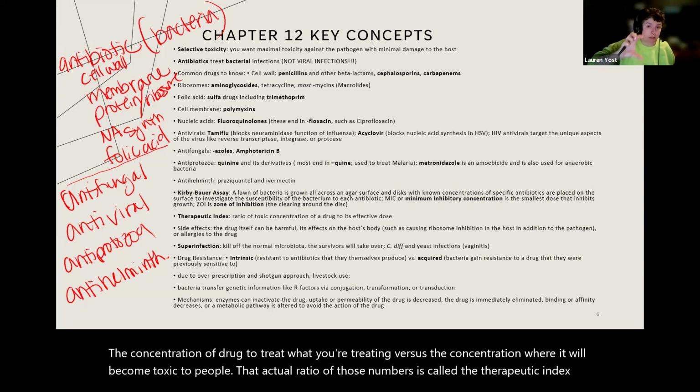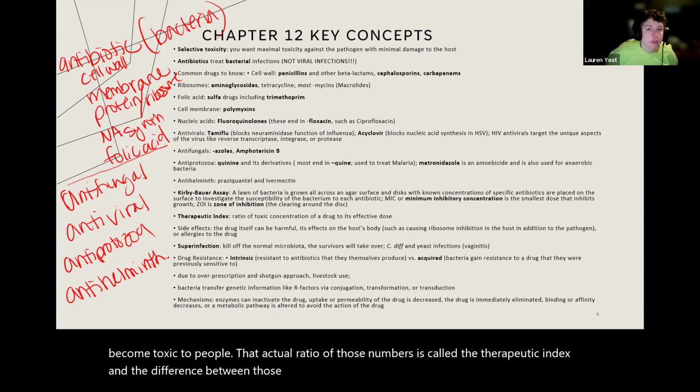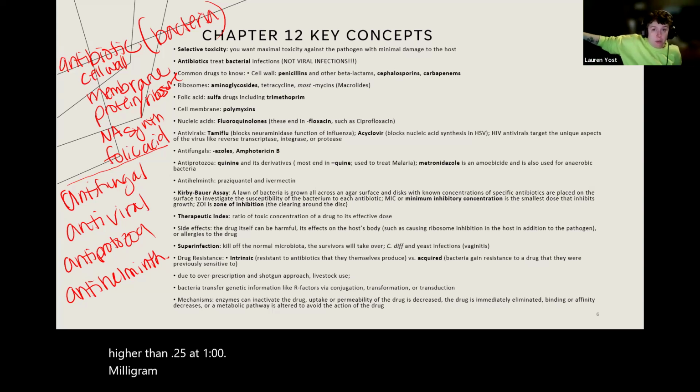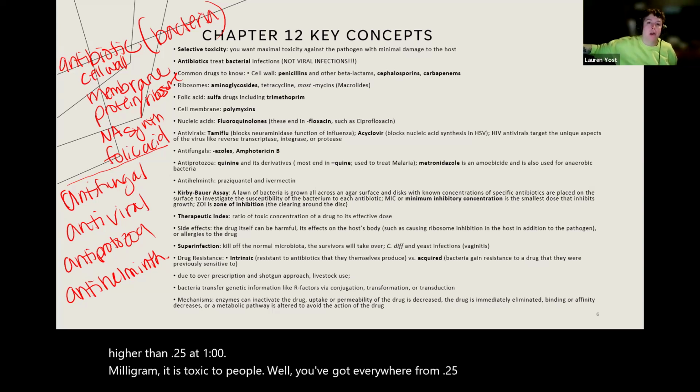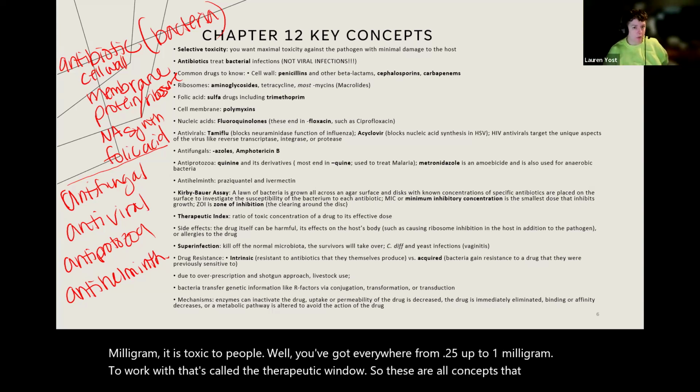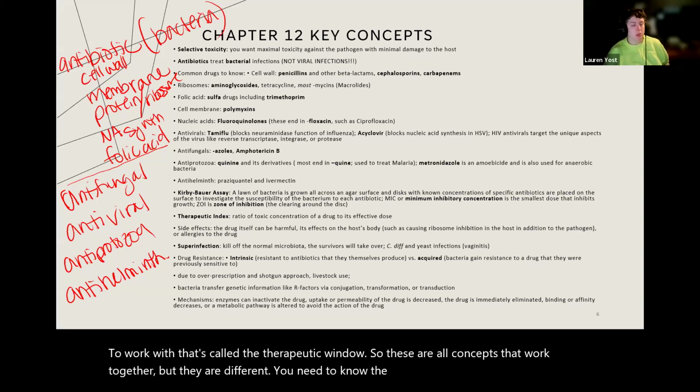And let's say it's 0.25 milligrams to kill the microbe, and at 1 milligram, which is higher than 0.25, it is toxic to people. Well, you've got everywhere from 0.25 up to 1 milligram to work with. That's called the therapeutic window. So these are all concepts that work together, but they are different. You need to know the difference for the exam, so start prepping for Unit 3.